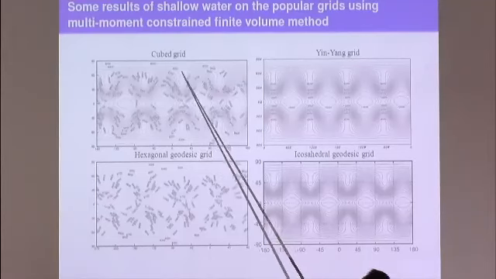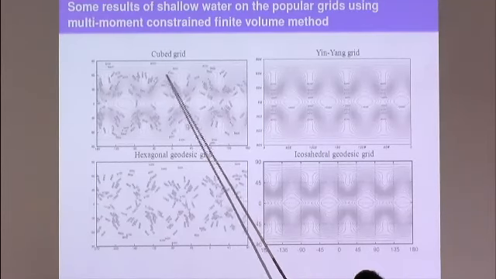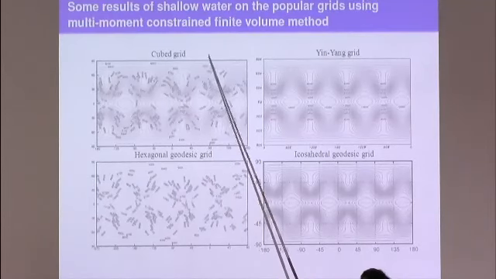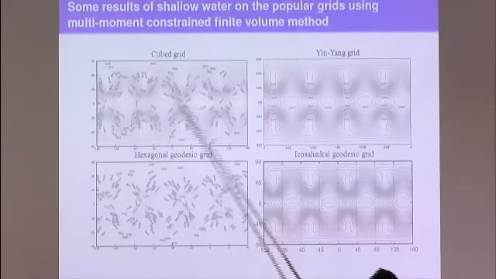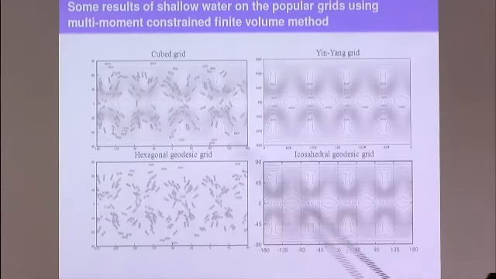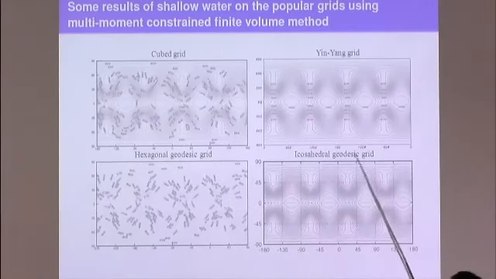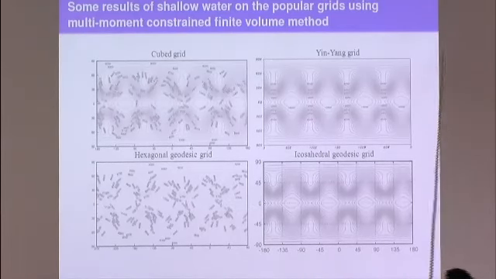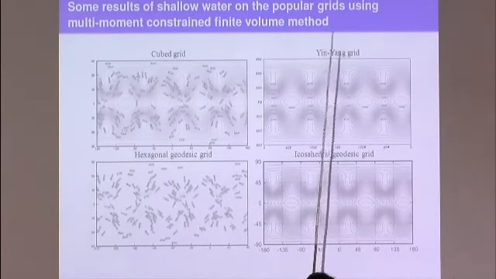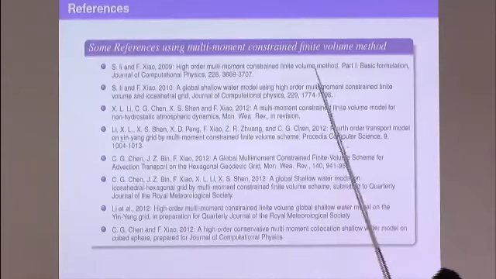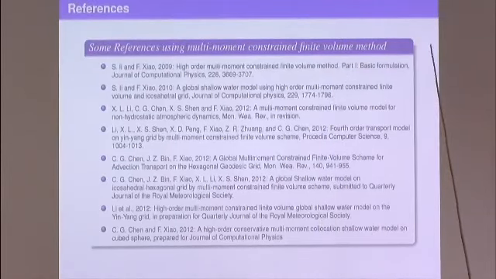It is the cubed-sphere grid simulation of the Rossby-Haurwitz wave after 14 days, and the Yin-Yang grid, hexagonal geodesic grid and triangular geodesic grid simulation results. Okay, this is some references. Thank you.